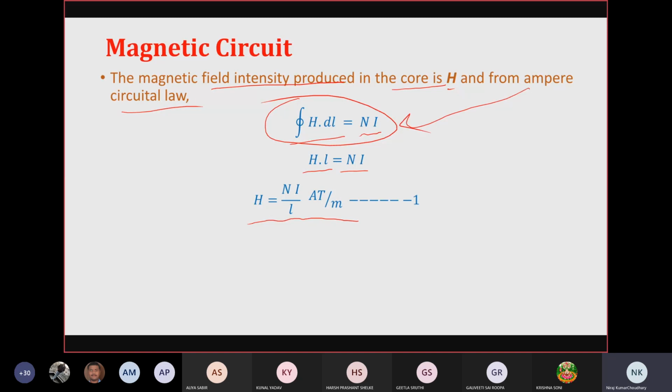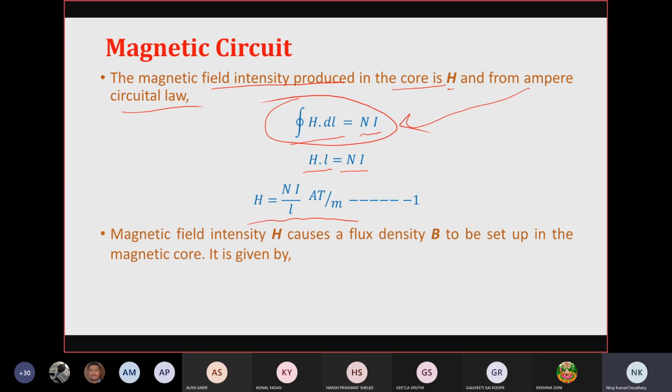Now this H is your magnetic field intensity, so it can be expressed in terms of the flux density. B is your flux density. In the last class we discussed that B can be written in terms of H using the expression, equation 2, B is equal to mu H, right?